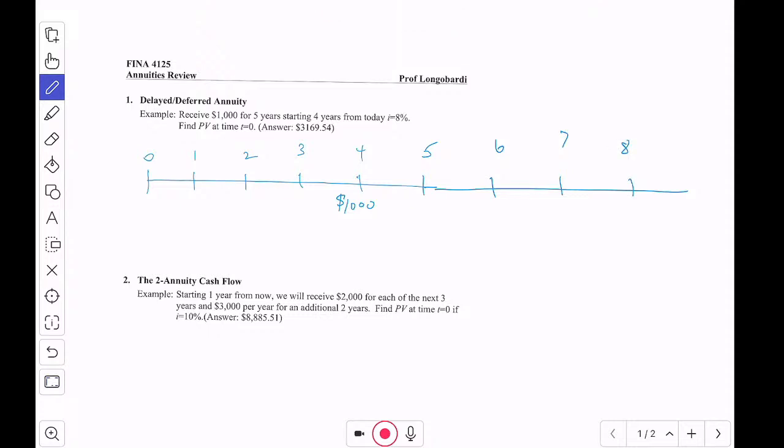And that's about it, right? So we're going to have 1,000, 1,000, 1,000. So this is the timeline.